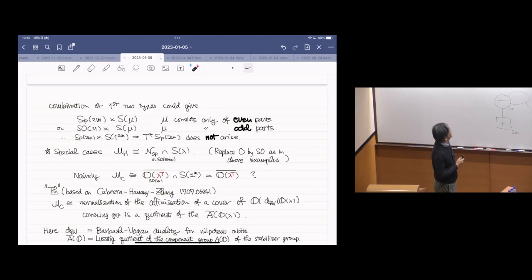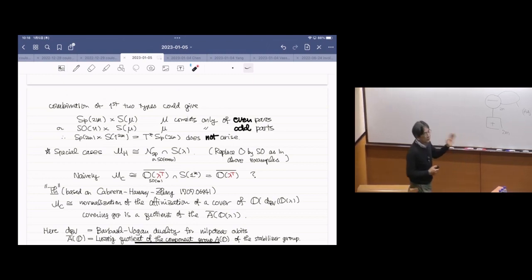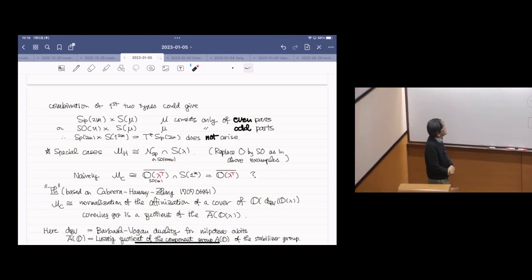So in type A, if we take the full nilpotent cone, it means we take the slice to the zero orbit, that means the whole Lie algebra. So you expect that the Coulomb branch has something to do with the orbit closure. This is the example which you should first consider.